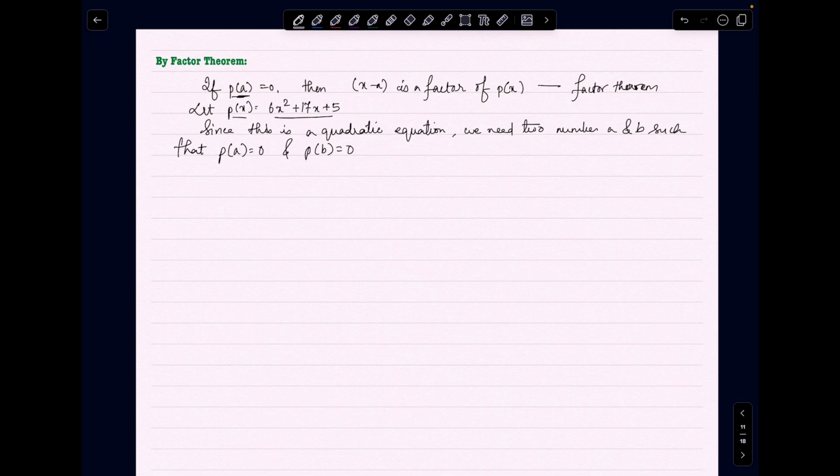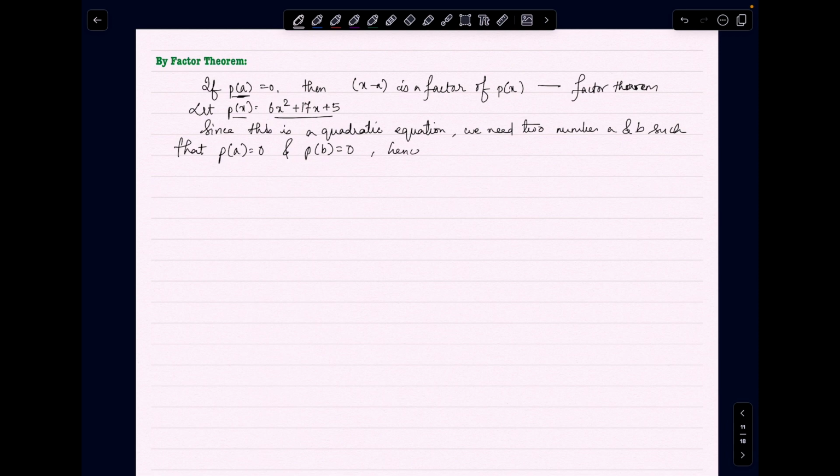See, there will be two numbers A and B. For a linear equation only one is there, A. For a quadratic equation there will be two numbers A and B such that P of A equals 0 and P of B equals 0.